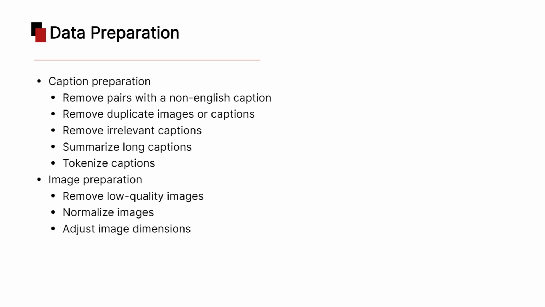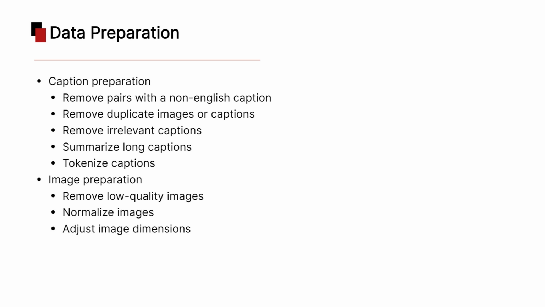Data preparation is a critical step to ensure our model learns effectively and generalizes well. We need to carefully prepare both the captions and the images. Starting with caption preparation. First, we remove pairs where the caption is not in English to maintain consistency and avoid confusion during training. We then remove duplicate images or captions to prevent biasing the model toward overrepresented examples.